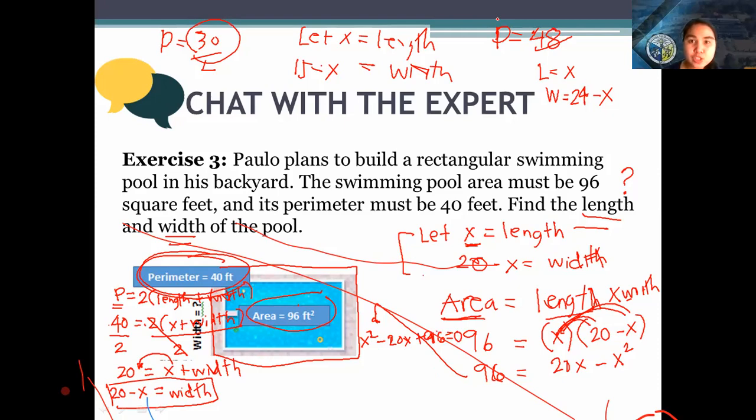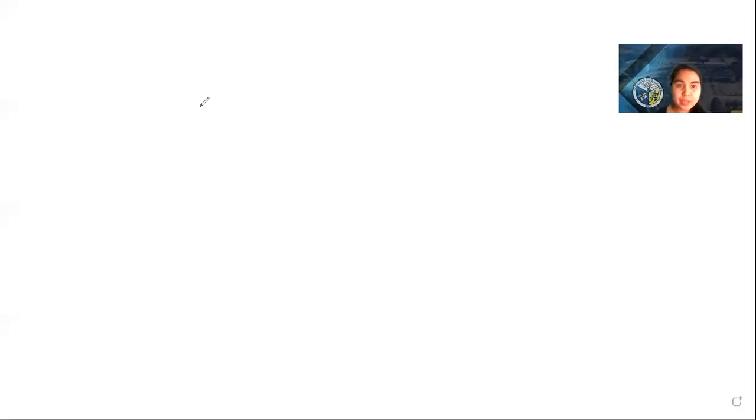Let me transfer to the whiteboard. Okay, we have x squared minus 20x, right, plus 96 equals 0. Let's do the trial and error. Okay, what are the factors?